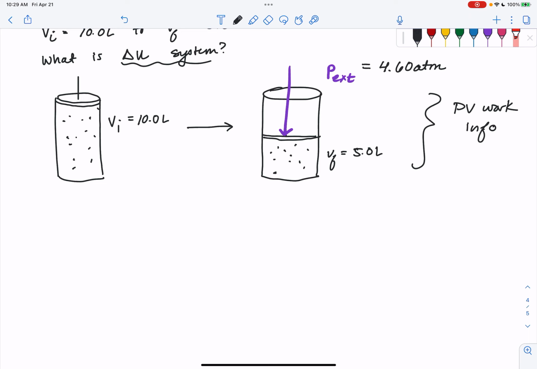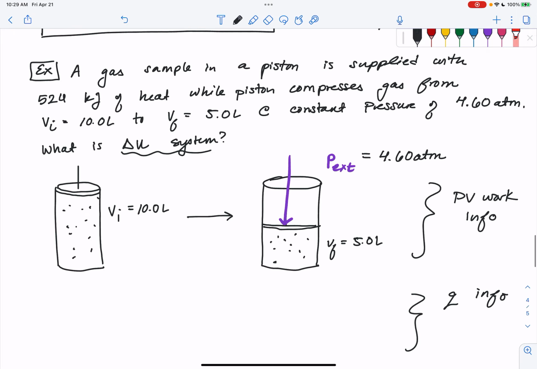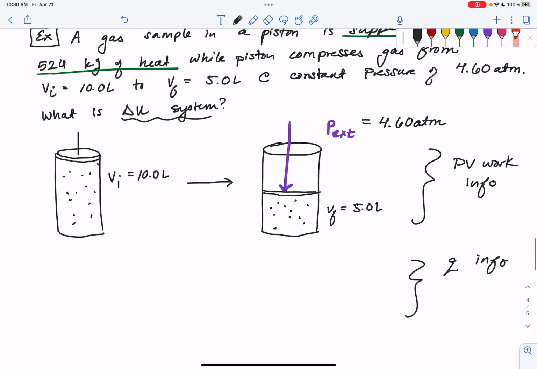So then what about my heat information? So I'm told in the problem that my gas sample is supplied with 524 kilojoules of heat. So we have 524 kilojoules of heat supplied to the gas.